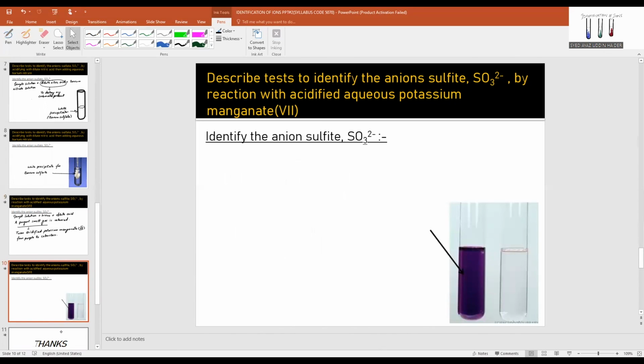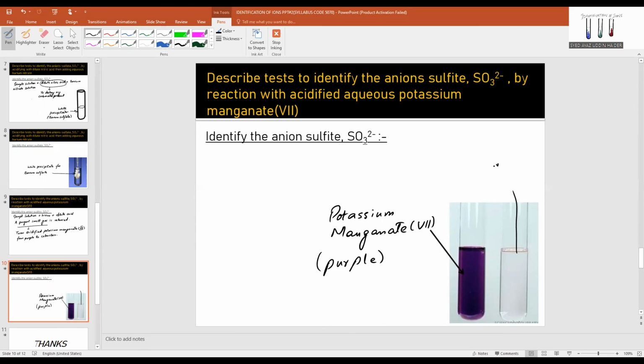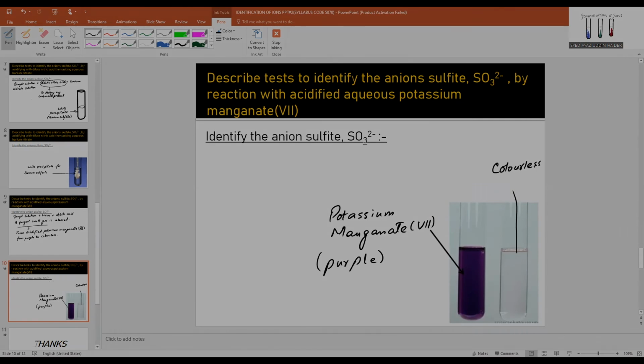This is a solution of potassium manganate. You can write 7 here. It is purple in color. And you see it turns to colorless. This is colorless, indicating the presence of the sulfite ion in the solution.